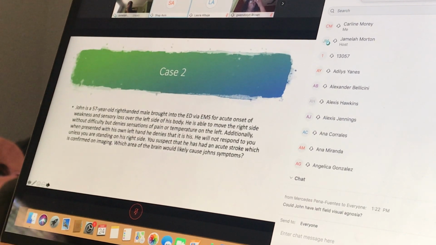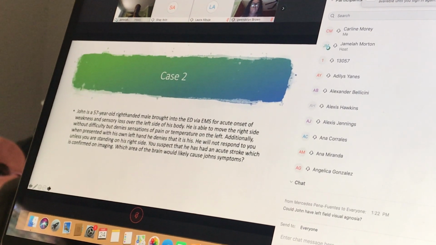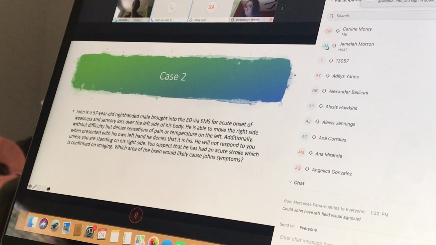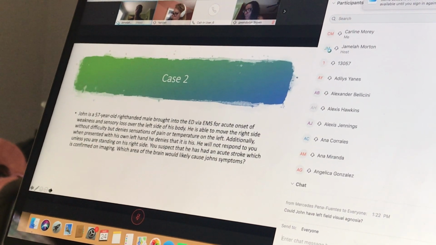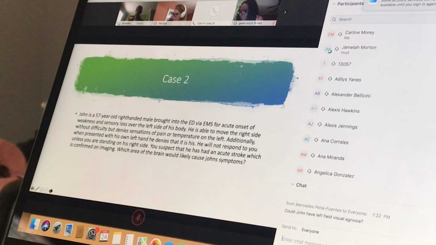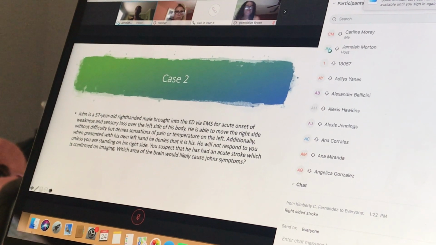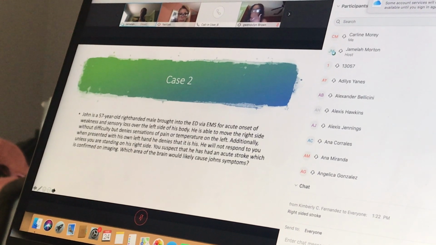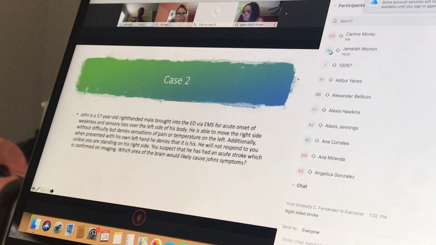So case number 2. John is a 57-year-old right-handed male brought into the emergency room via emergency medical services for an acute onset of weakness and sensory loss over the left side of his body. Immediately, you're thinking the left side of his body is controlled by the right side of the brain, okay? So at this point you know something is going on in his right brain.